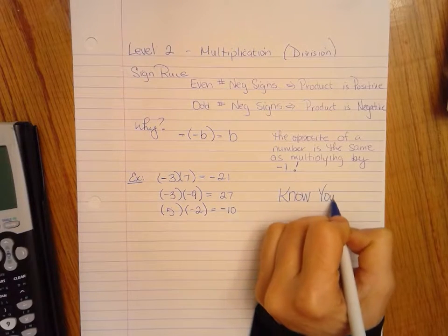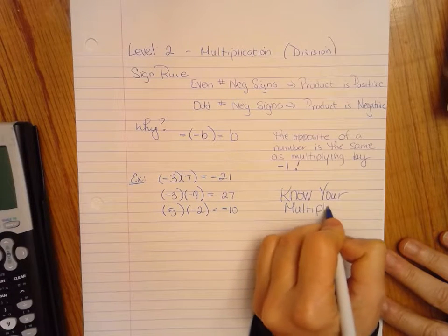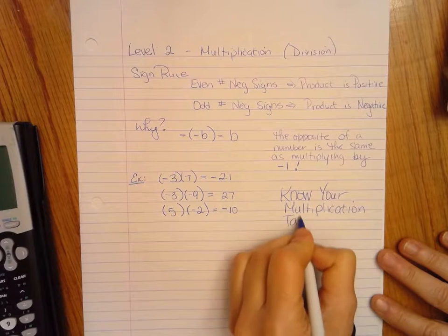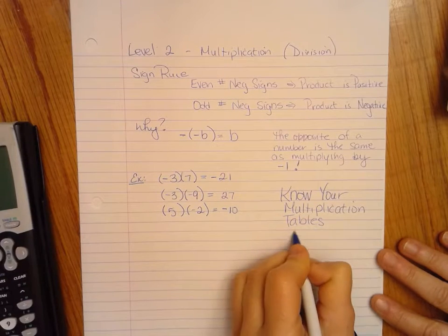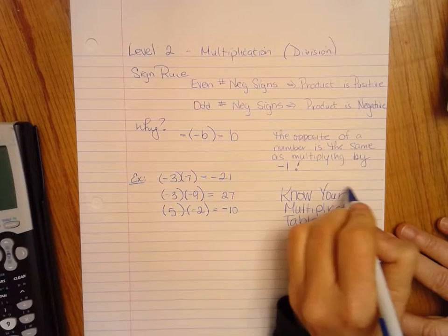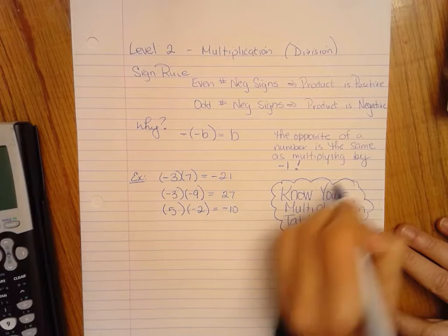So let me just point out: know your multiplication tables from 0 all the way up to 12. You need that for this class. Use flashcards.